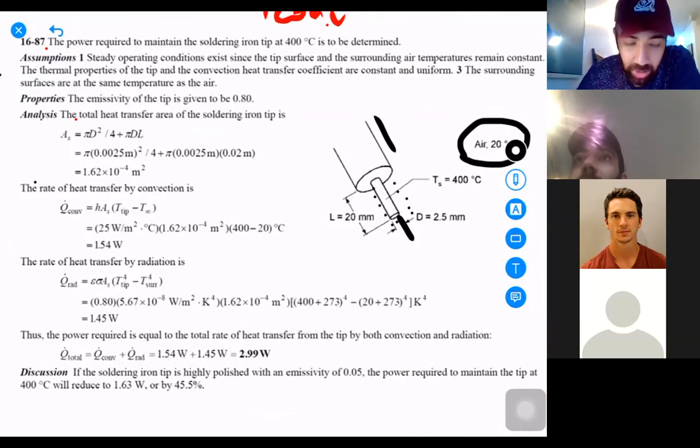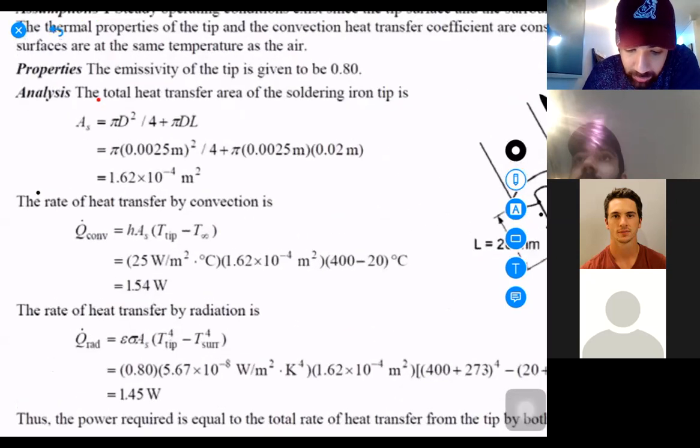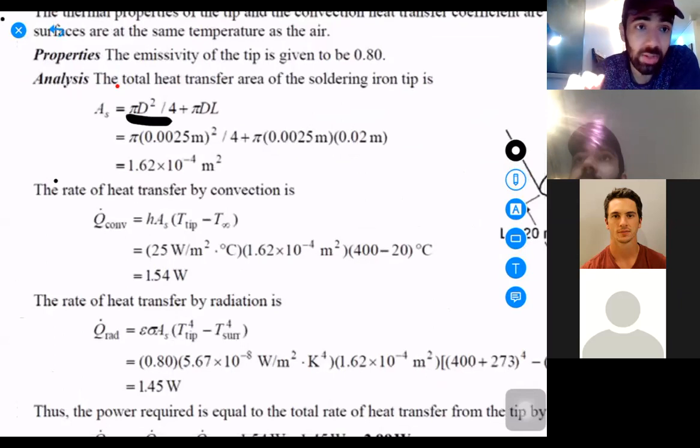So the total area would be pi times d squared over 4, for the only circle in contact with the air, plus the area around the cylinder, which is pi times diameter.